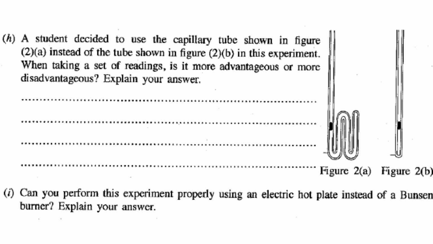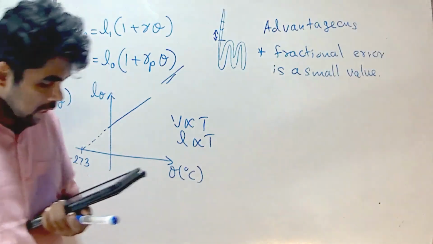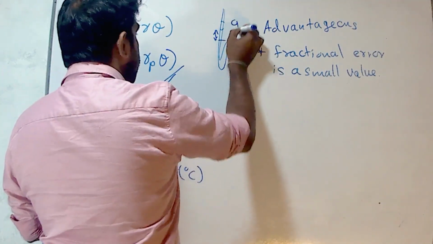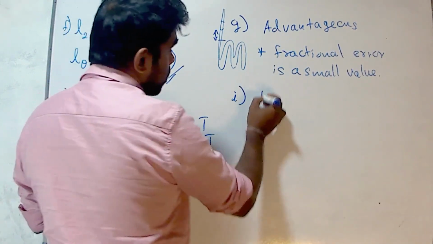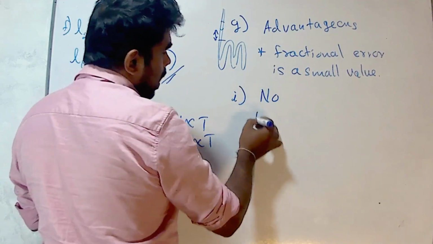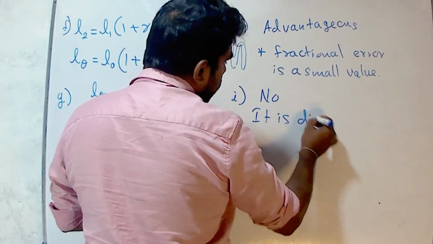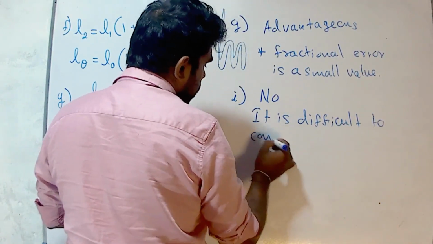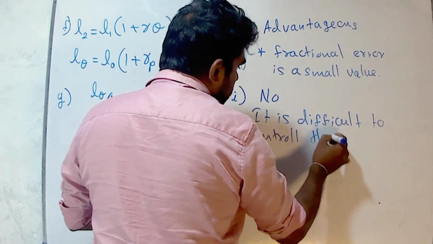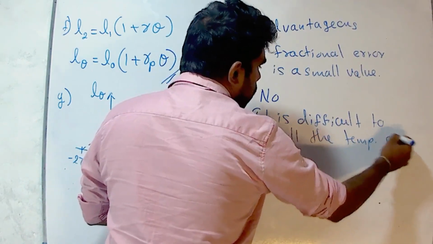But can you perform this experiment properly using an electric hot plate instead of Bunsen burner? Explain your answer. No, we can't use electrical hot plate because it is difficult to control the temperature of air column.